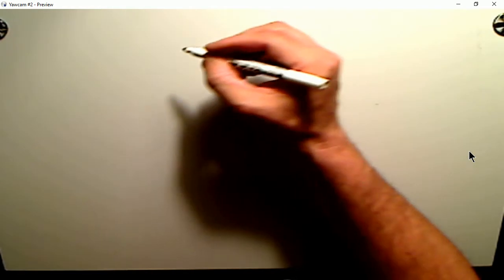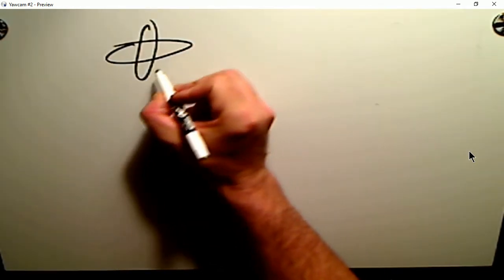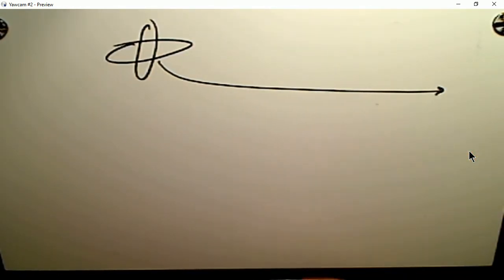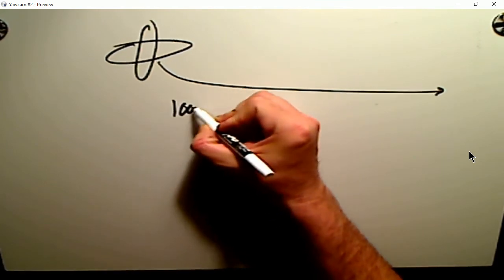One of the things you need to get in this course is that we're going to have English language problems, and we're going to be translating them into the mathematics and choosing the proper equation to solve that. That's pretty much what we're dealing with in general physics. So let's say we have an airplane. The airplane is coming in for a landing, and it's going 100 meters per second.